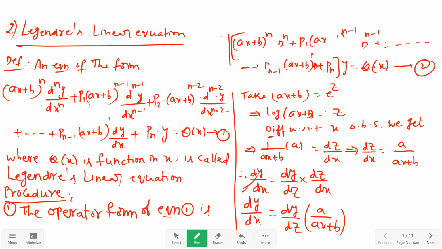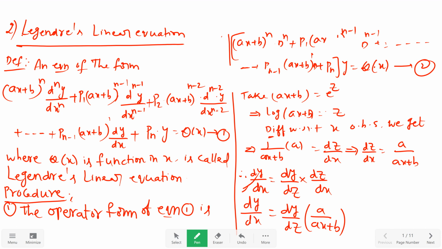Differentiation with respect to x on both sides, we get the derivative of log of (ax plus b) with respect to x, 1 by (ax plus b) into a, is equal to the right side value z, whose derivative with respect to x means dz by dx. That implies dz by dx is equal to a divided by (ax plus b).